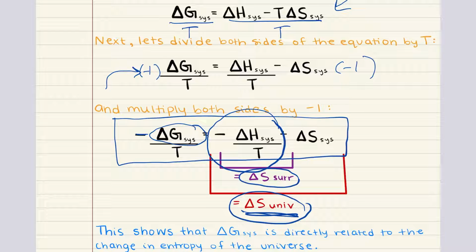In essence, the Gibbs free energy change of a system provides a direct measure of the overall entropy change for the universe. So when delta G of the system is negative, delta S of the universe is positive, indicating a spontaneous process that increases the entropy of the universe.